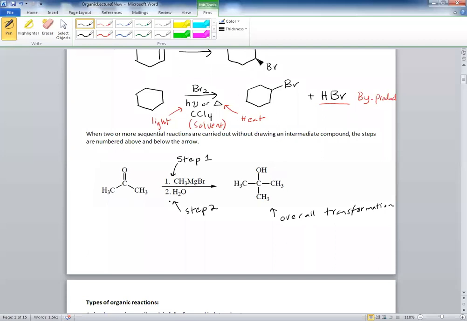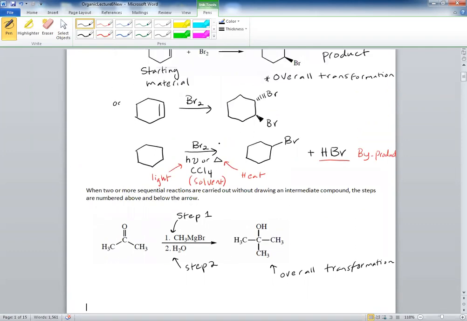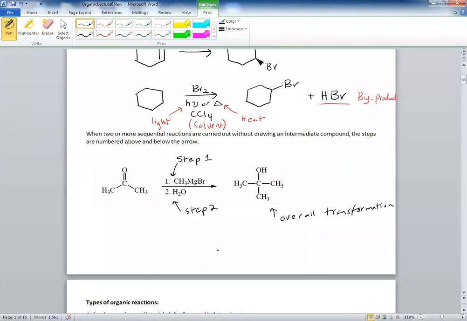Really, there isn't much uniformity in terms of how the reagents are assigned on the arrows. But usually they follow something like this or like this. Very well.